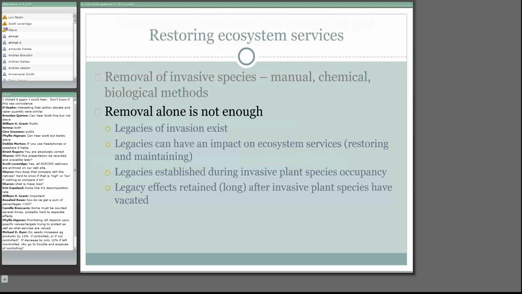If you respect an apartment and cause no damage, you don't leave a legacy on it. A legacy that is long lasting is felt long after the plants have vacated or been removed. So if there's been a lot of damage, the legacy is more significant and more felt by the environment or the community that existed.